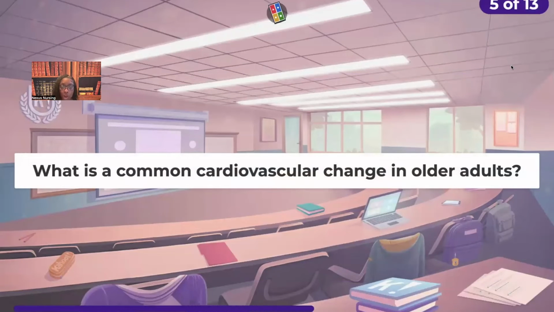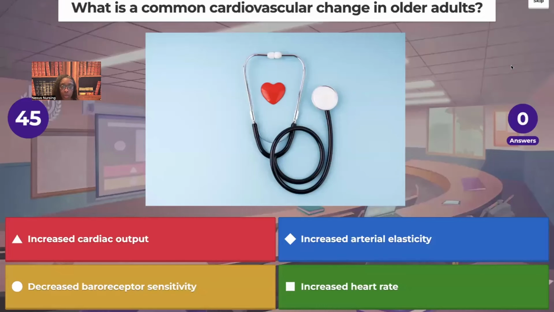All right, what's a common cardiovascular change that we see in older adults? Is it increased cardiac output? Is it increased arterial elasticity? Is it decreased baroreceptor sensitivity? Or is it increased heart rate?